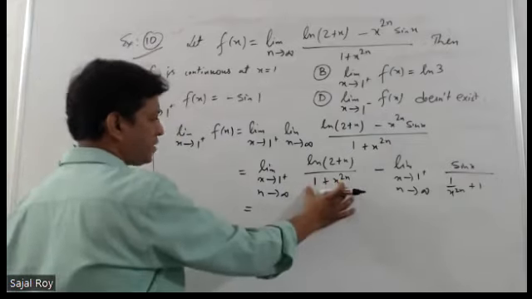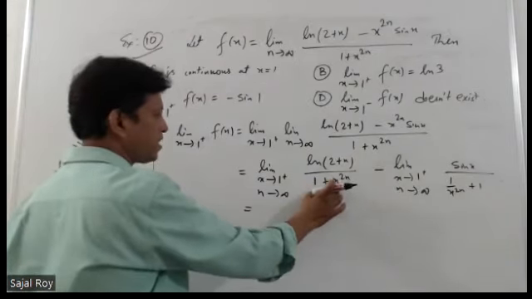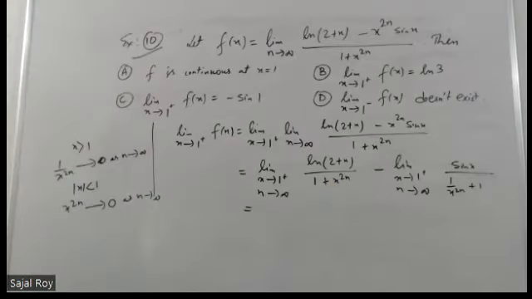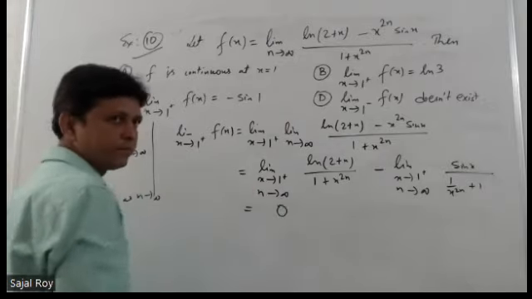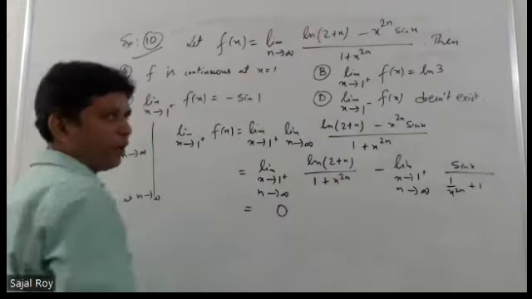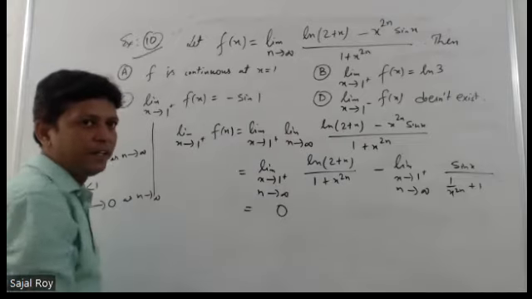This is infinite. X is more than 1, so this will be 0, because the denominator is much larger than the numerator as n goes to infinity.